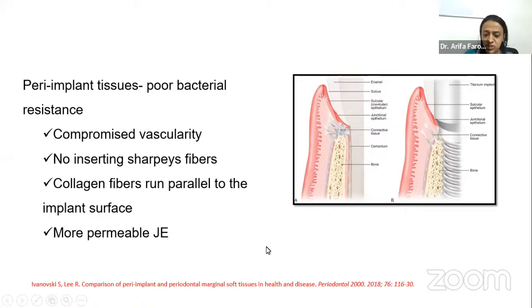And the junctional or barrier epithelium in the implant is more permeable to microorganisms, saliva and toxins. Everything has direct access to the underlying bone. So all these factors make the peri-implant tissues very poorly resistant to bacteria.